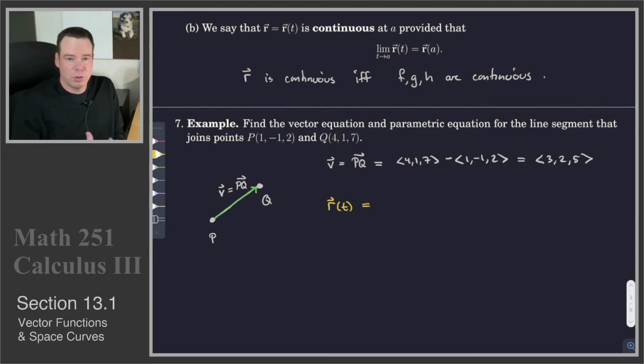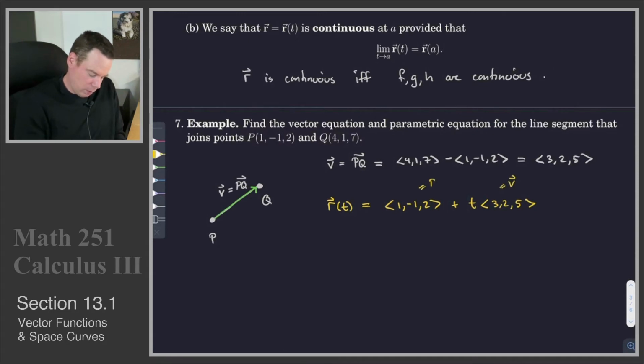So we'll construct a line just as we did in chapter 12 as a vector equation. It is the point we're starting at, which is our point P. And then we'll add to that any multiple of the vector in the direction of that line. So that is our vector v, and this is our point P.